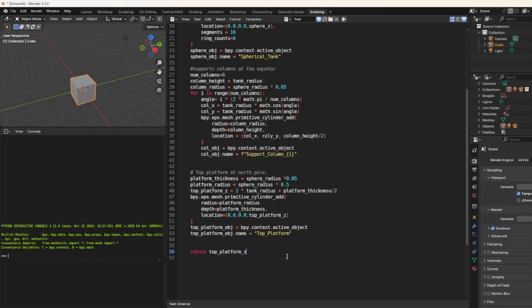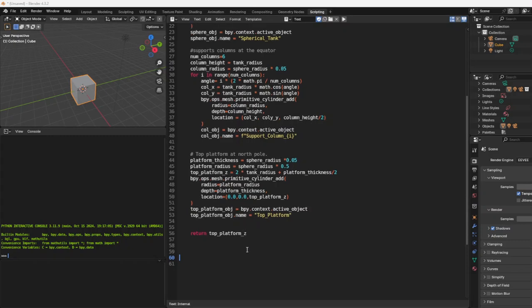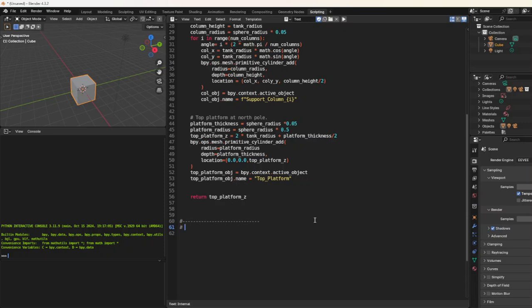Alright, we're going to add the floor next. So let's go here, and I've got to make it look fancy again. New function, add floor.